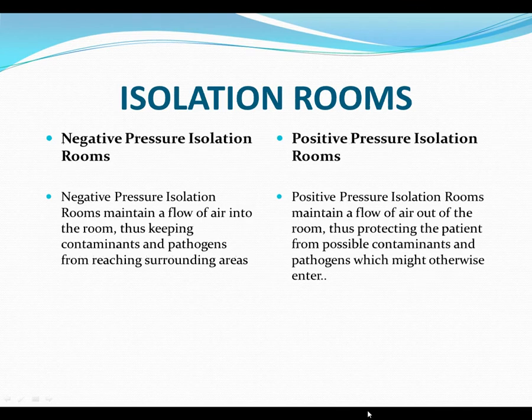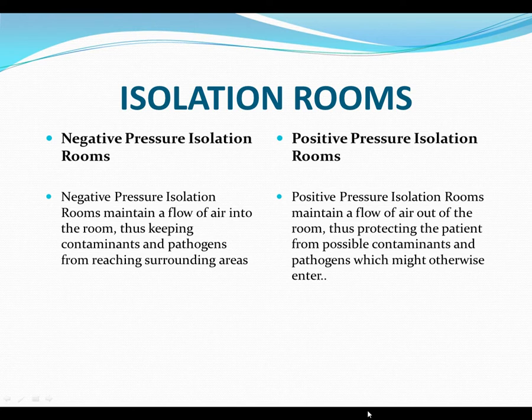As I touched on earlier, sometimes it's necessary to isolate patients who have some types of infections. Sometimes it's necessary to isolate patients in rooms that have specific circulation procedures. Negative pressure isolation rooms are going to maintain a flow of air into the room, thus keeping contaminants and pathogens from reaching surrounding areas.